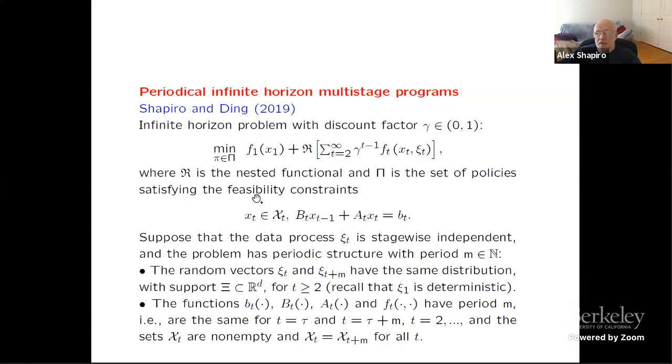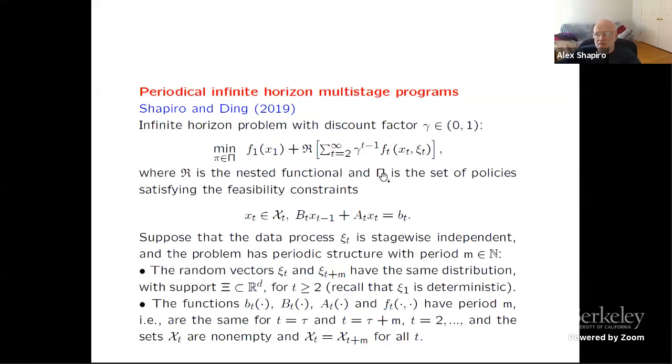Now, very often this random data process has periodical behavior. This is how it's modeled, with a certain period, say 12 months. In other words, it repeats every 12 months, stochastically it repeats itself. And then we look at the infinite horizon with discount factor.